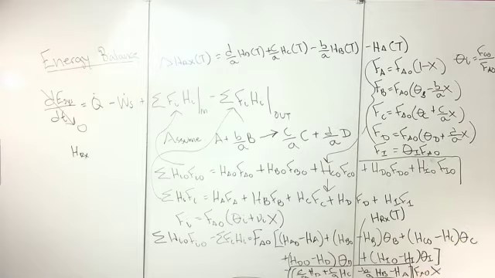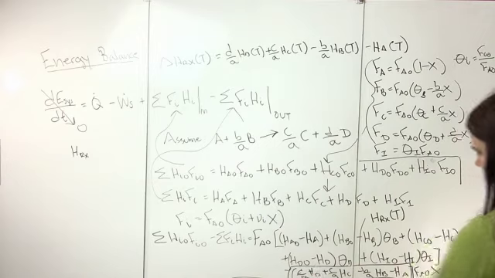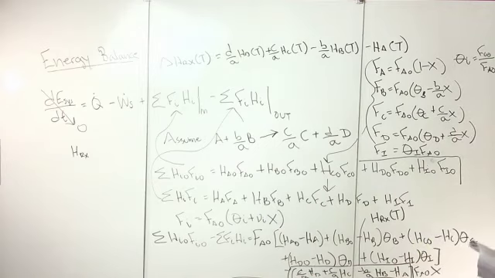So we can plug in the heat of reaction for that, and I'm going to also rewrite these back in the summation form just to save room. So I'm going to erase some stuff and do that.